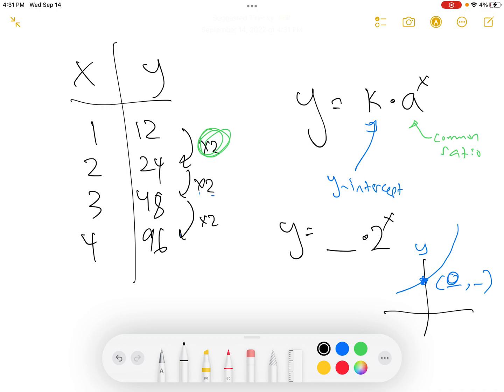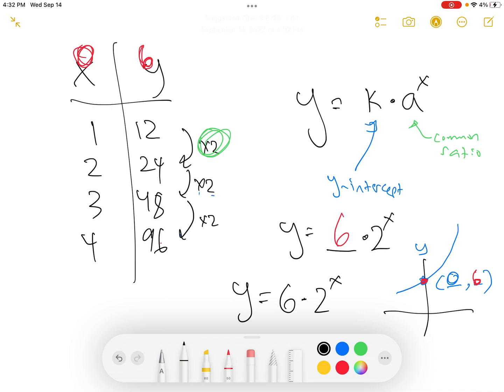Now, what is our y-intercept? We've got to walk this table backwards like we did before. 4, 3, 2, 1, 0. And 96, 48, 24, 12, dividing by 2 going backwards, 6. So I've got the point (0, 6), so 6, and my final answer is y equals 6 times 2 to the x.